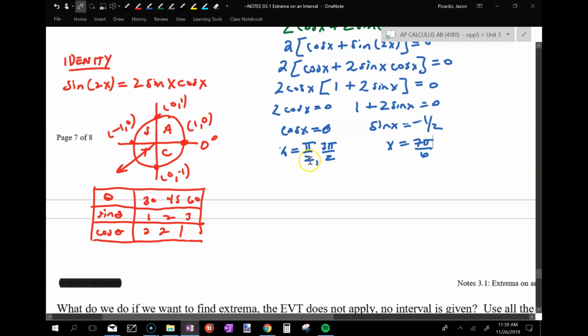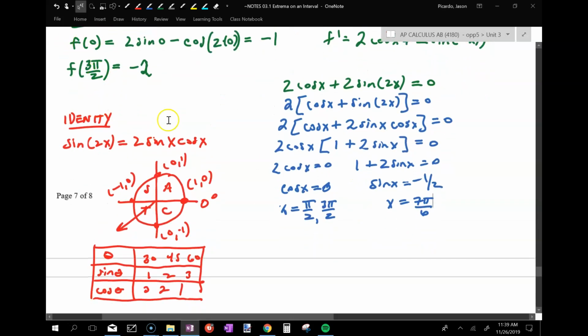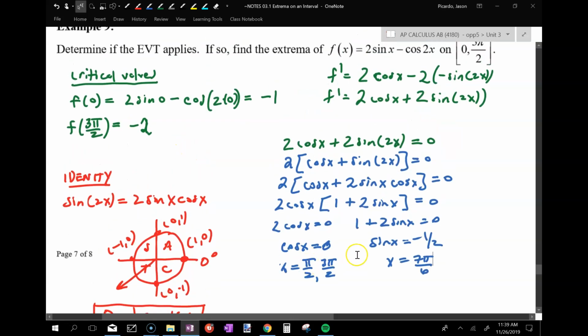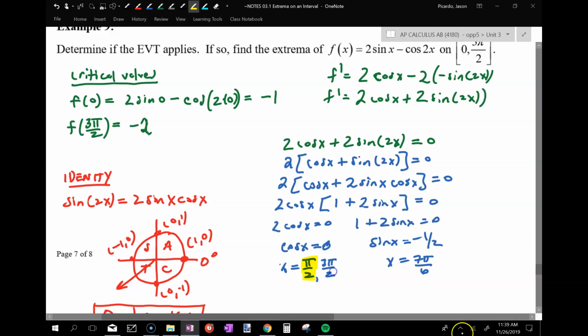So do I have all my critical values? Well, yeah, I had the 0, I had the 3 pi over 2. Now I've got to add which ones? I've got to add the pi over 2 and the 7 pi over 6, right? So add those, and I'll give you those.